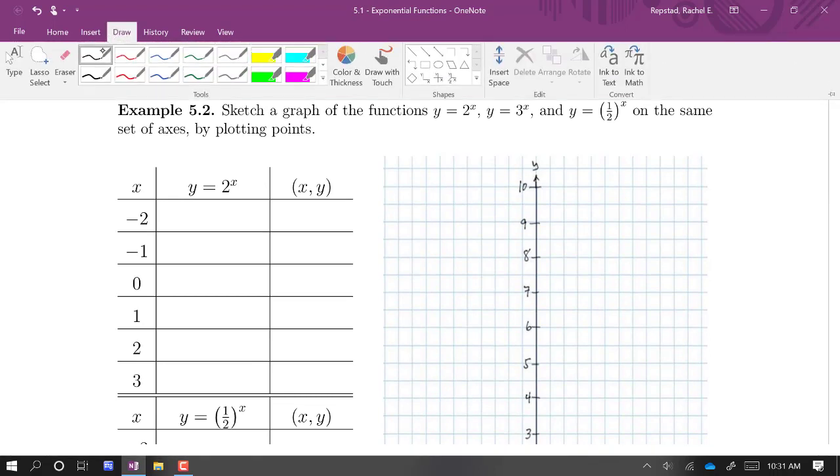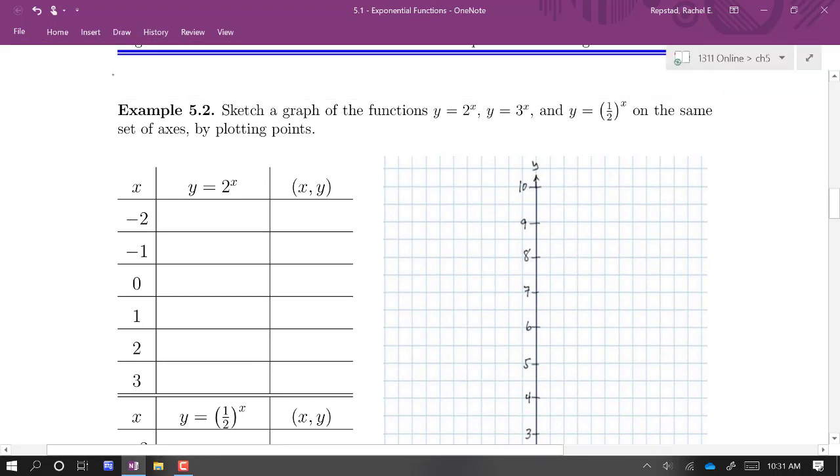So we're going to get a sense for the behavior of these exponential functions. We're going to plot some graphs. We'll start with y equals 2 to the x. What I've done here is make a table, and I've listed just some values of x on the left side in the first column, and I'm going to track what the output values are. So we'll start here. If x is -2, then this function is 2 to the -2.